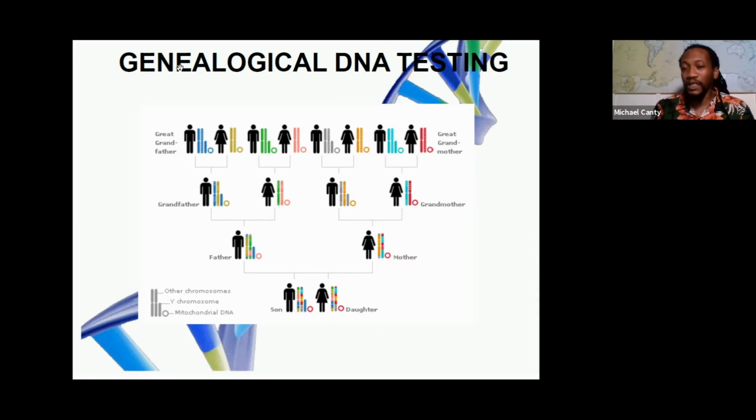That's more realistic. The probability is 50-50. That's an average, but every time you do it, it's rare if you ever get exactly 50 heads and 50 tails. And so it's rare if you inherit exactly a quarter from your grandmother. That's a good way to average it out, but it's not exact. So you can inherit 10% from that grandparent, even though you're expecting 25%.